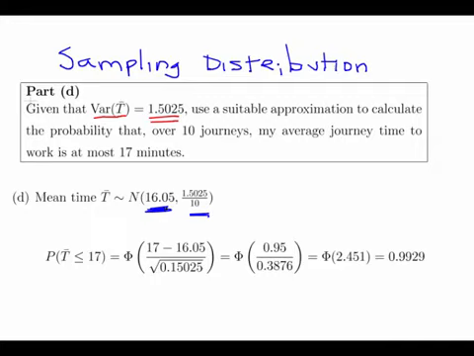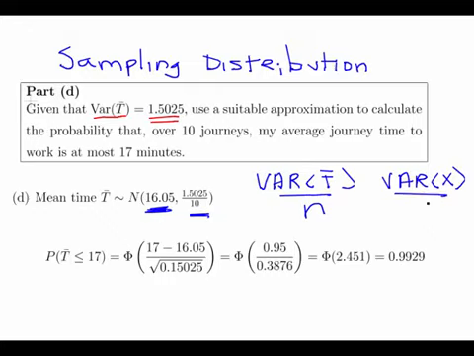We know that the variance from the past question is 1.5025. So this is the sampling distribution variance, the variance of t bar over n. Usually that's written as the variance of x over n.